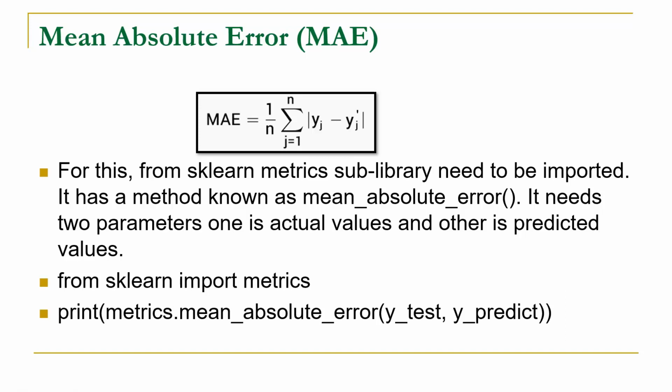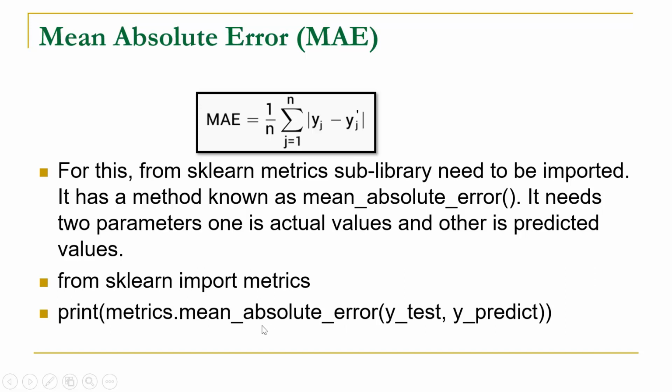And in order to get its value, we have to import a library called metrics from sklearn. You can see its syntax and it is very simple. From sklearn import metrics. Here we are importing the metrics sublibrary from sklearn. This metrics library has a method named mean_absolute_error.